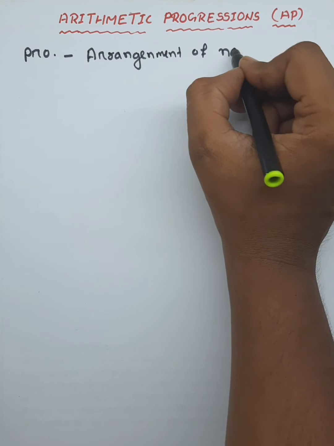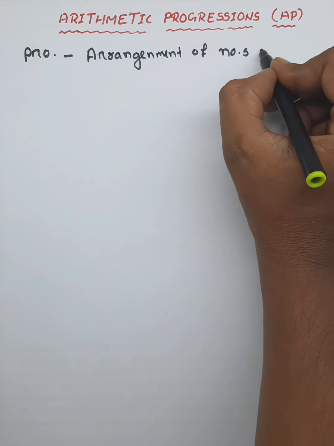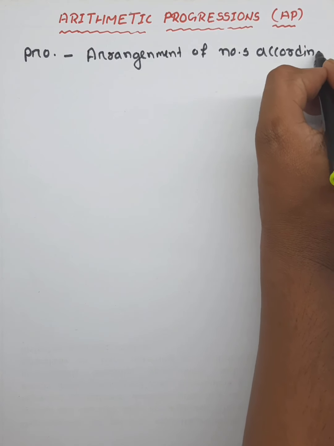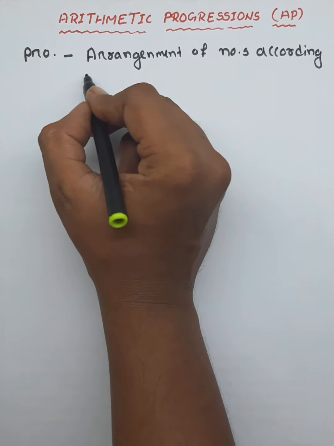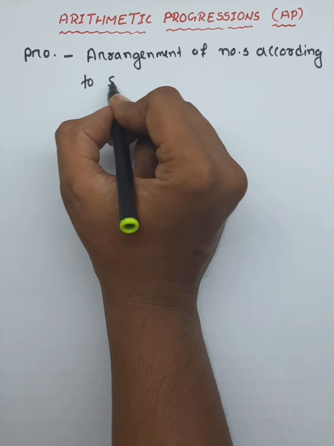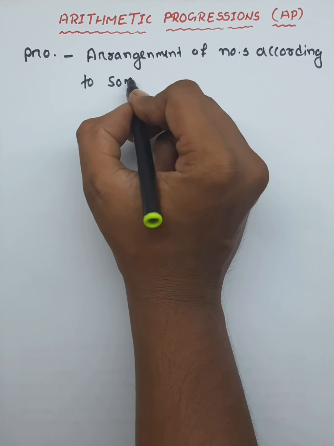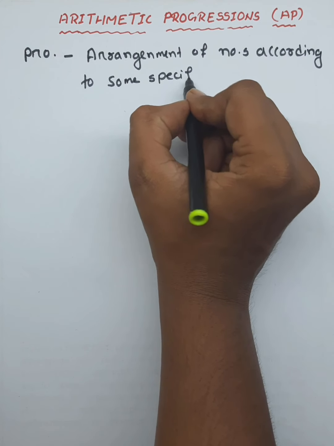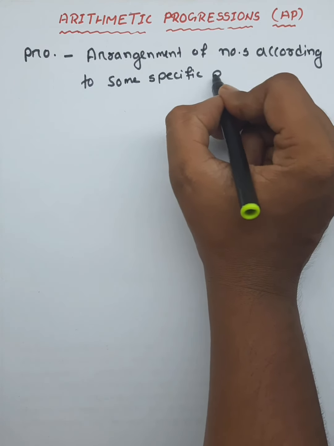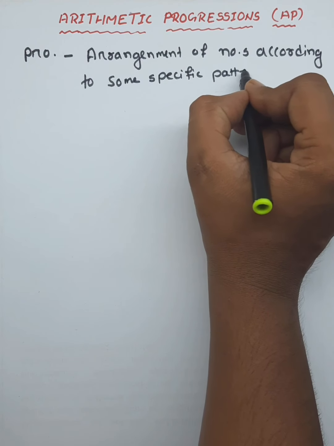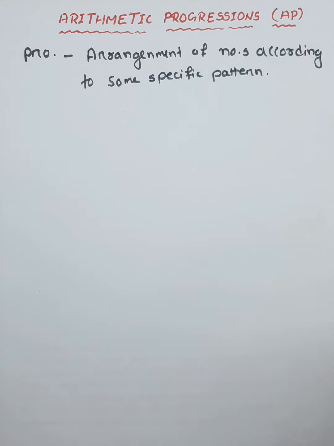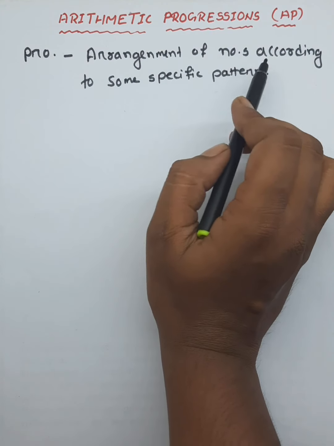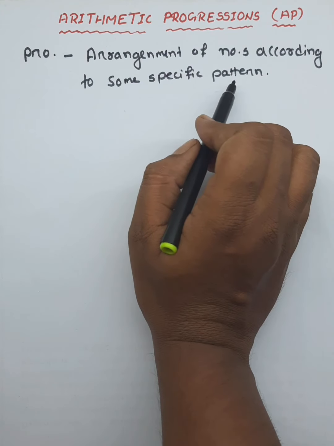So this is called progression, arrangement of some numbers according to some specific pattern.